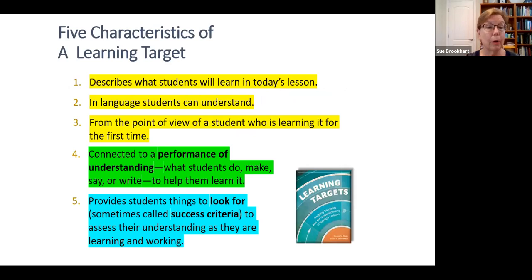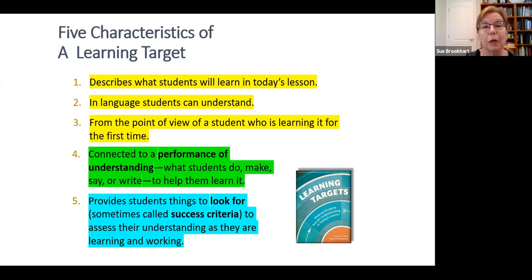So as you already, I hope, know, learning targets are a statement that describes what students will learn in today's lesson in language students can understand from the point of view of a student who is learning it for the first time, which means you can't just take a teacher instructional objective and flip it around and say, I will, instead of the student will, because most of those include descriptions that students who are learning it for the first time wouldn't say like that.